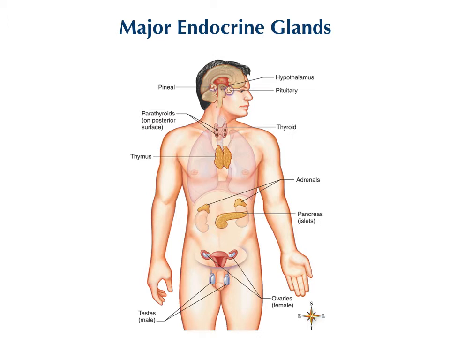So our pancreatic islet cells: we have our alpha cells, which secrete glucagon, our beta cells that secrete insulin, and the delta cells that secrete somatostatin, but we'll go through these more in the next chapter when we get to chapter 26. And then, of course, you have your gonads, the testes in the male and the ovaries in the female, and the male and female sex hormones that we'll also discuss further in chapter 26.